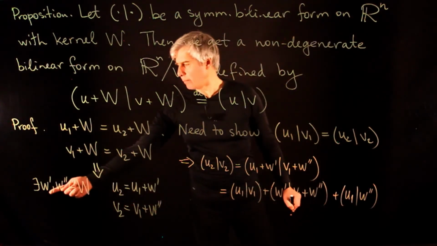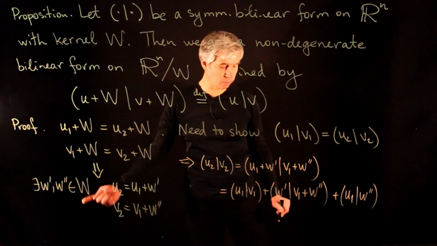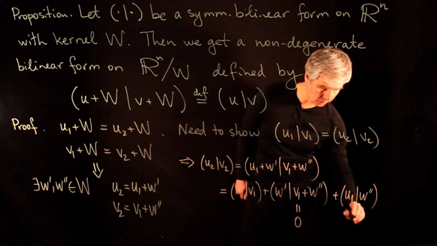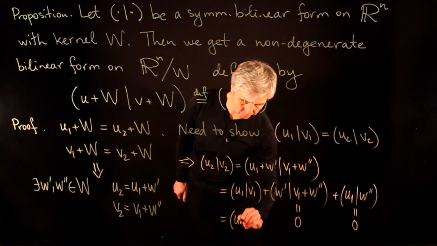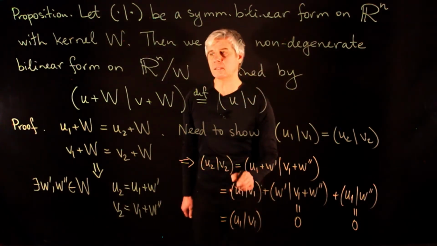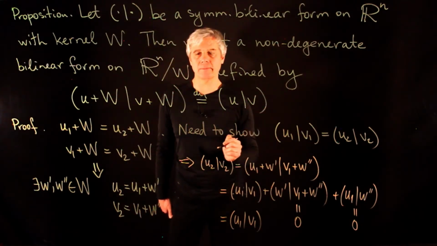But here w prime and w double prime belong to the kernel of the form, so the extra terms are going to be 0. And so we get that this is equal to the value of the bilinear form on u1 and v1. And this means that this definition is well defined.